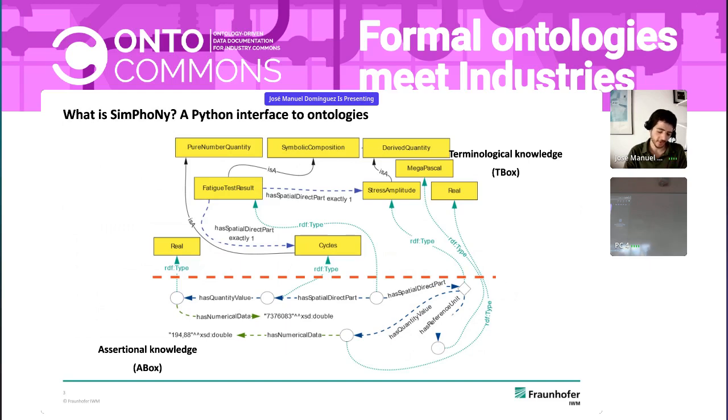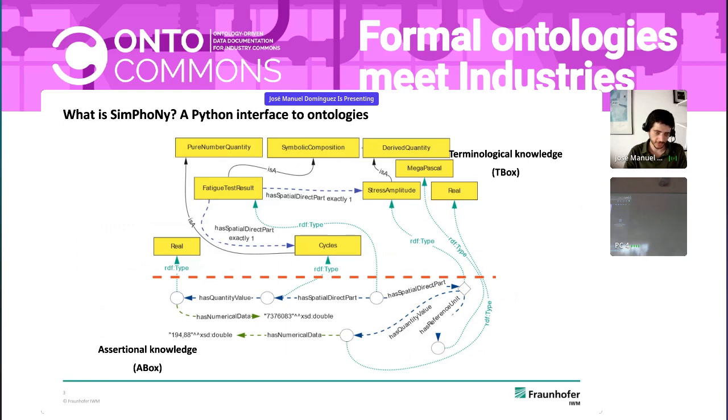Here you aggregate all the classes, relationships, attributes, and annotation definitions, and the axioms that affect them. And then you have another category, which is called the assertional knowledge, that refers to actual instances of these classes, the so-called ontology individuals, and the actual relationships between them and the values of their attributes.